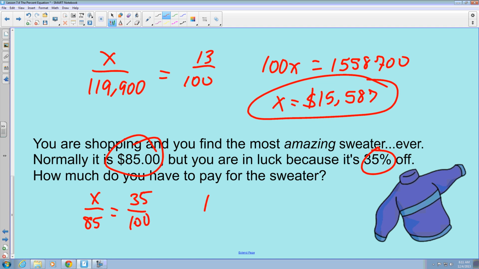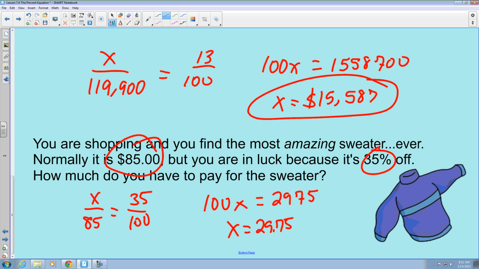Cross multiply, so I get 100x equals 35 multiplied by 85, which gives me 2975. Divide that by 100, and x equals 29.75. The problem is, that's how much you save.